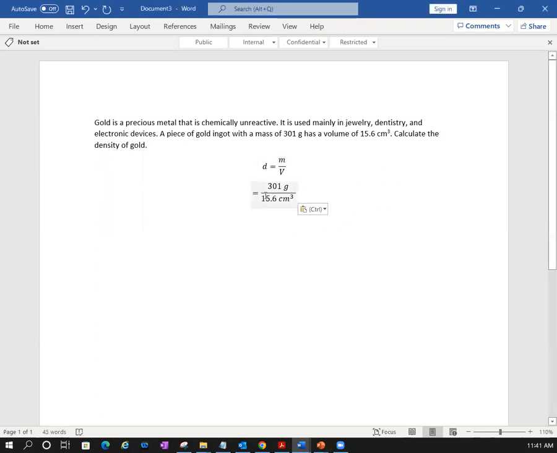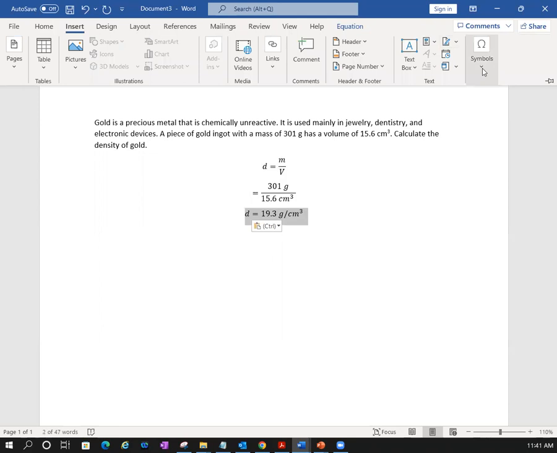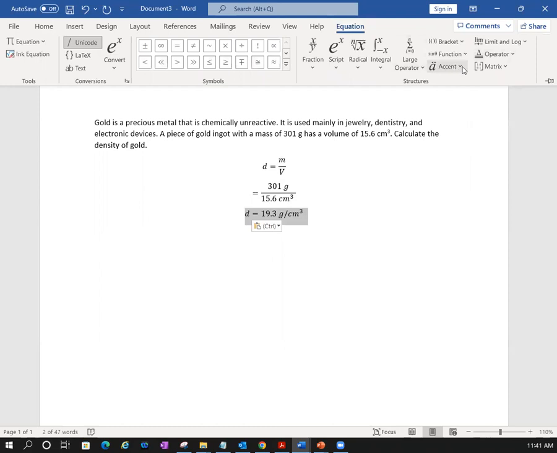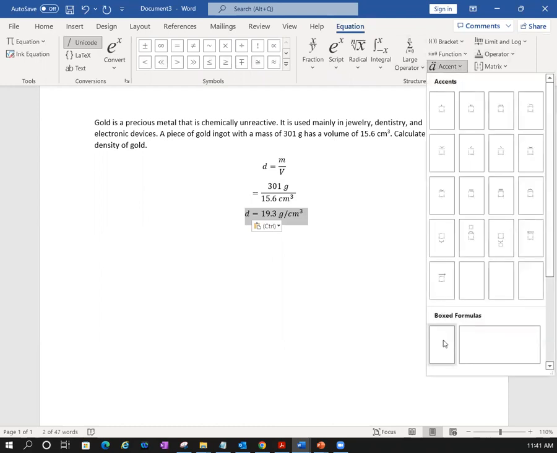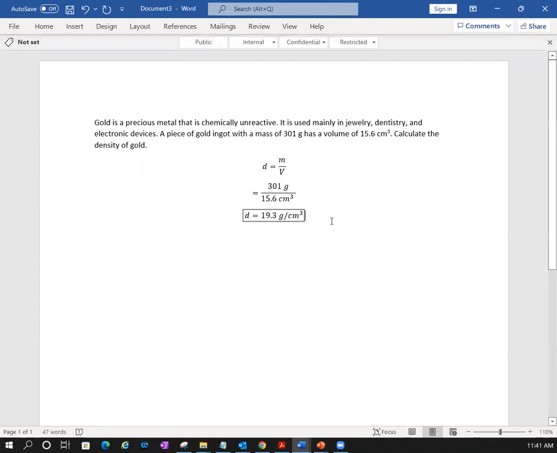Then, pag kinalculate natin yan, ang lalabas sa sagot ay 19.3 grams per cc. So, kopyahin natin yun dito. And this is your answer. So, ilagay lang natin sa box. Yung final answer.